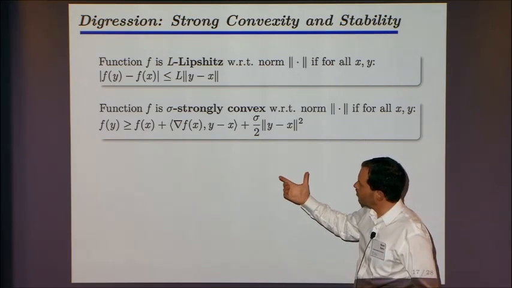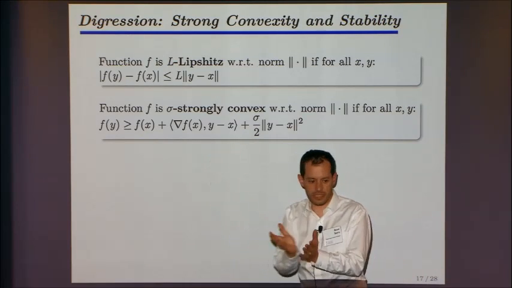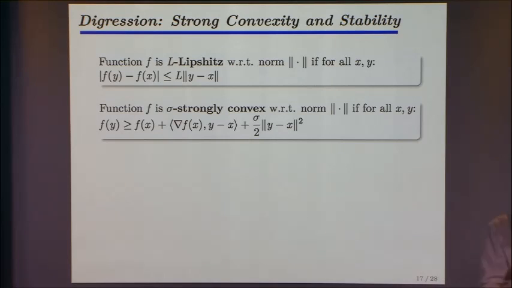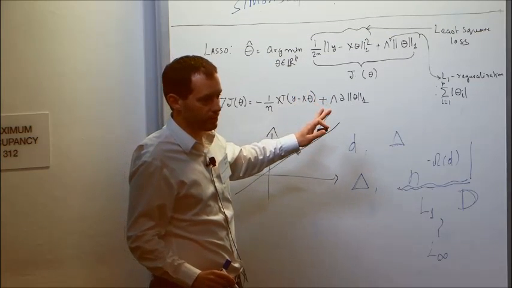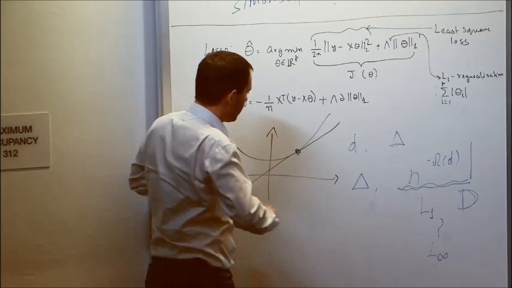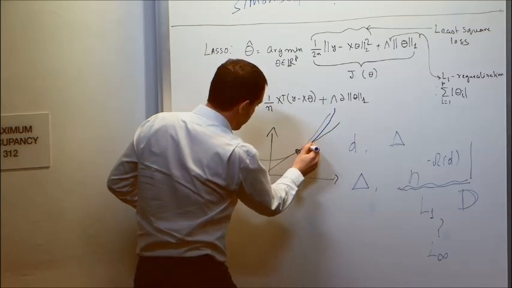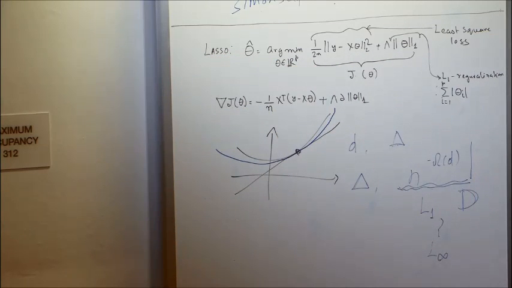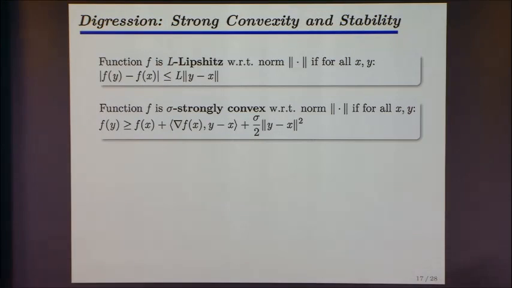Convexity is the statement that a given function can be bounded below by its tangent: if I take any point and draw the tangent at that point, that gives me a lower bound on the function. That's the definition of convexity. Strong convexity is the condition that I can bound it by a quadratic function with some non-zero curvature, and sigma, the parameter of the strong convexity, is how curved that quadratic is.